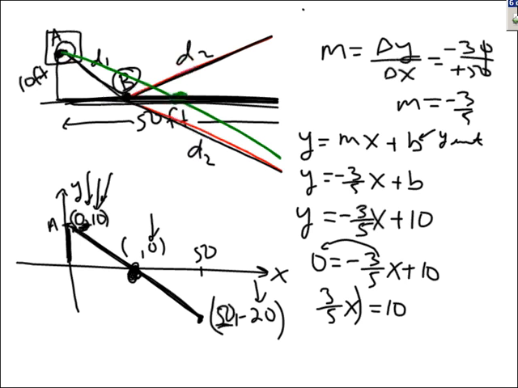If I multiply by 5 over 3, the 5 cancels, the 3 cancels, I get x. Over here, I multiply by 5 over 3. And I get x equals 50 over 3.